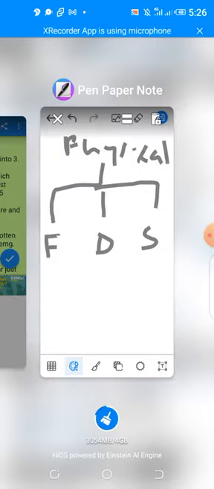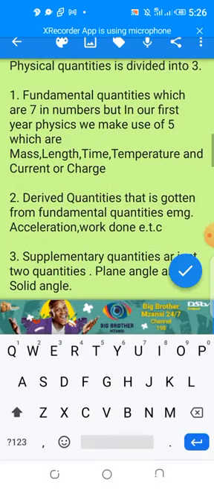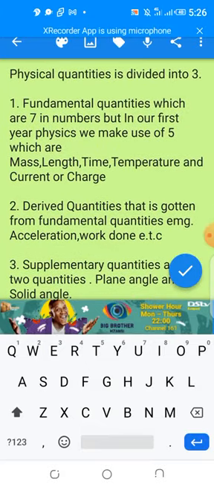Fundamental quantities, we all know, are 7 in number. But in our first year physics, we make use of 5, which are mass, length, time, temperature, and charge or current. This current or charge issue is still controversial.